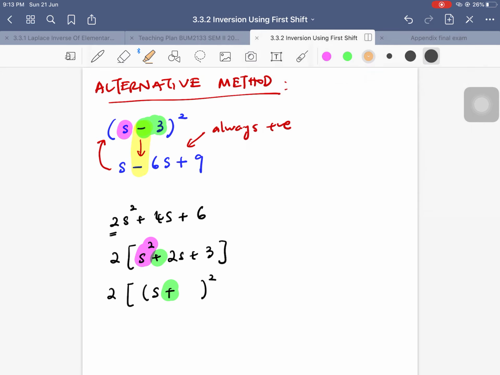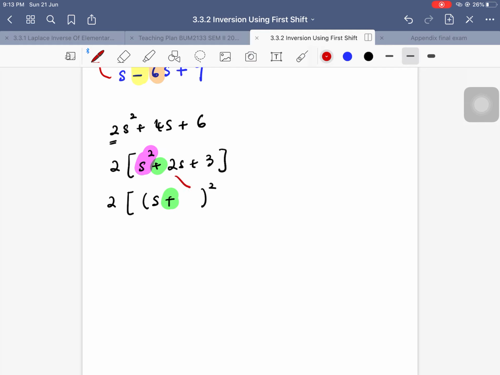How do we get the number here? We reverse the process: we divide 2 by 2, which for this case is going to be 1.